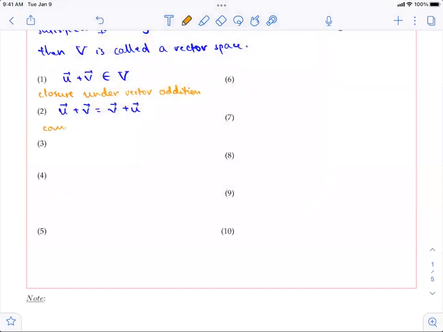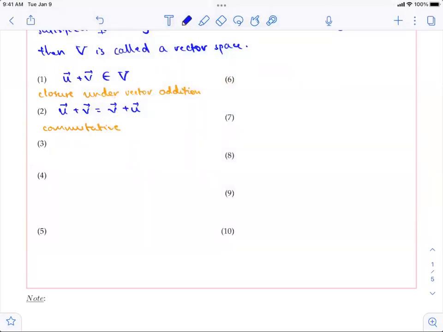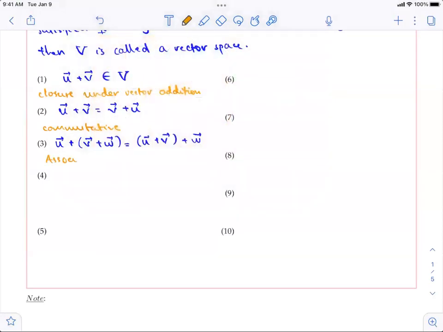The third property is the associative property. So for u plus v plus w, you do the addition of v and w first and then add with u, or you do u plus v first and then add with w. It doesn't really matter, and this is the associative property.